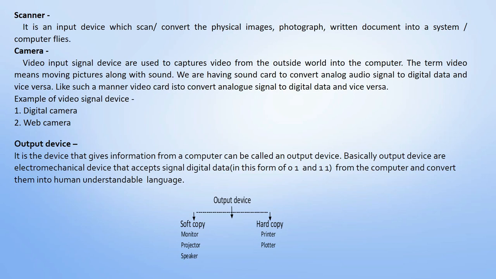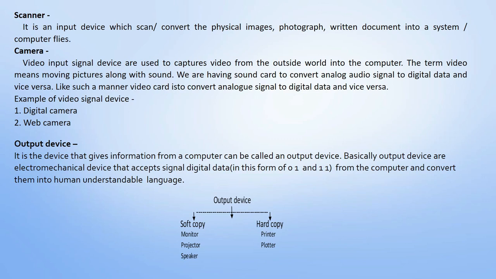It is the device that gives information from a computer, which can be called an output device. Basically, output devices are electromechanical devices that accept signals, digital data in the form of 0, 1 from the computer and convert them into human understandable language.